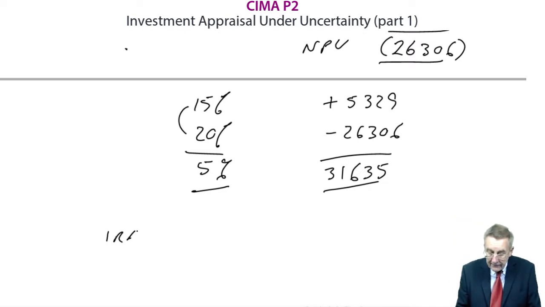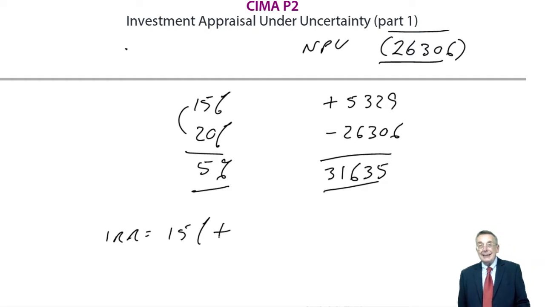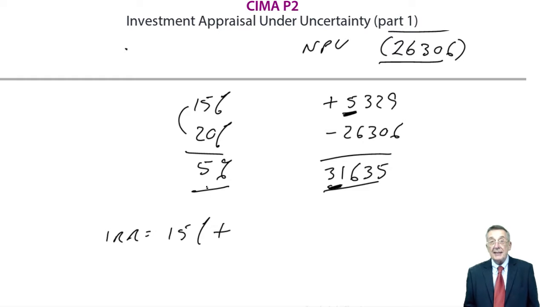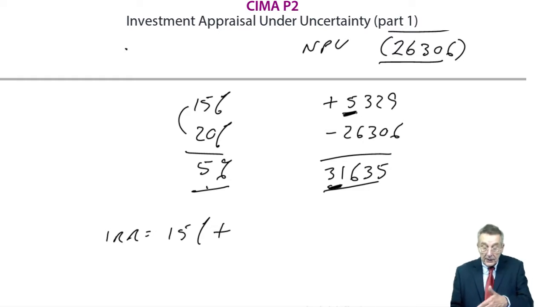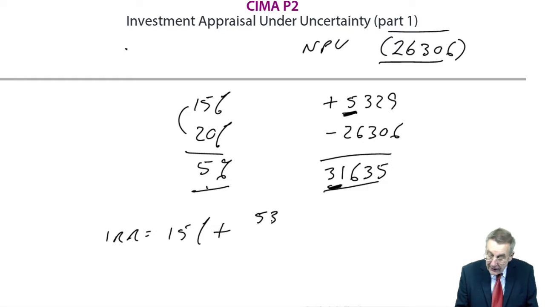The IRR, we know it's more than 15, but how much more? We want a fall of 5,000. We know a fall of 31,000 is 5%. So a fall of only 5,000 to 0 is this proportion of 5%.